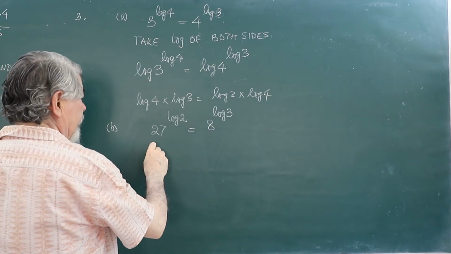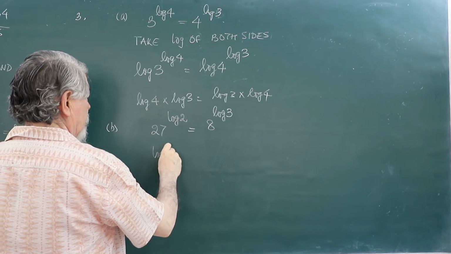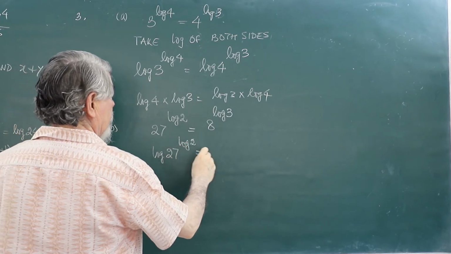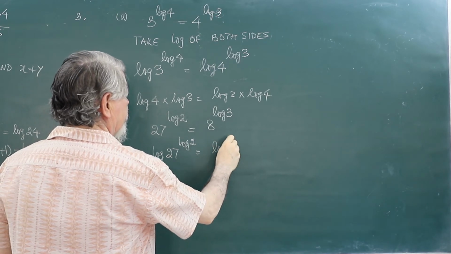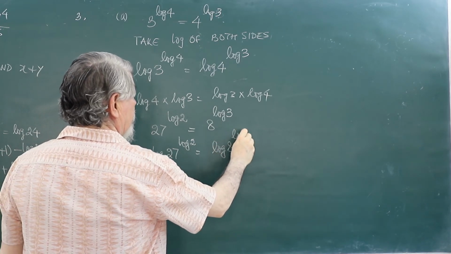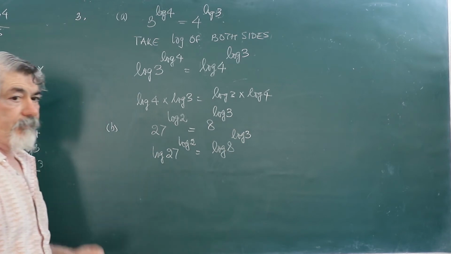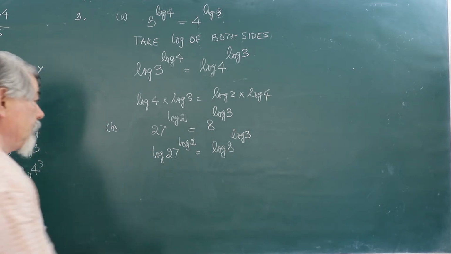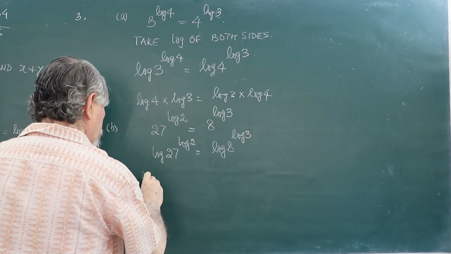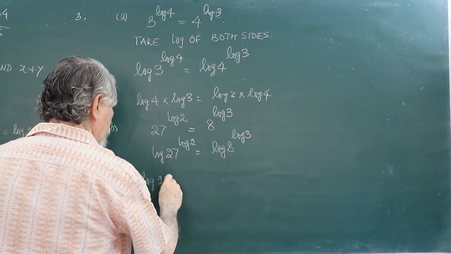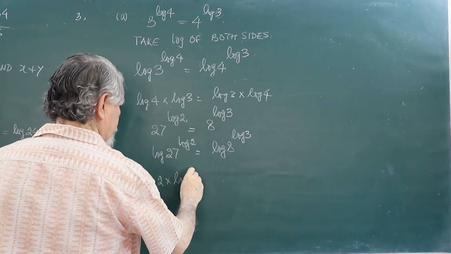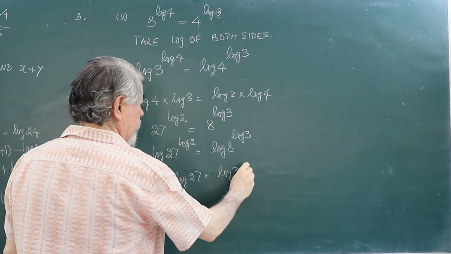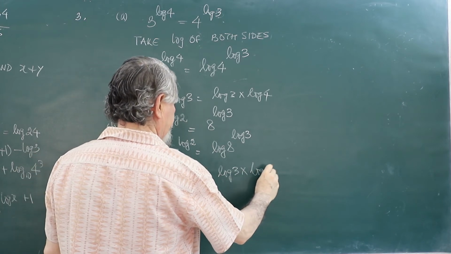We take log again, it will become log 27 to the power log 2, it will be log 8 to the power log 3. Again, we can bring the logarithm in the beginning. Log 2 into log 27 will be equal to log 3 into log 8.